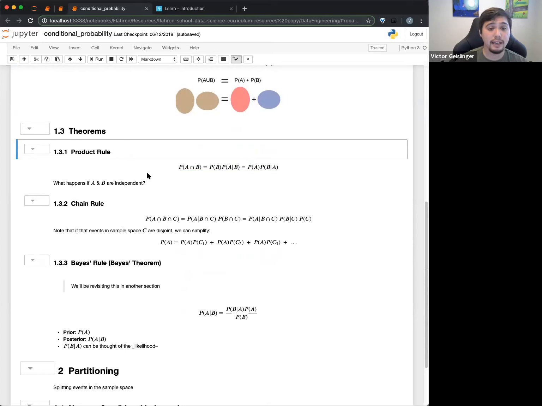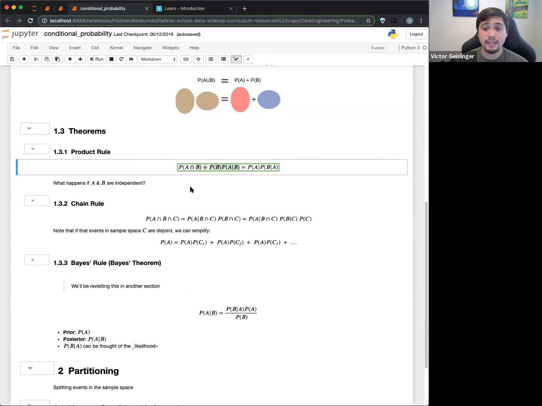But basically, the product rule allows us to combine probability spaces together. And this is that the probability of A intersect B is equal to the probability of B times the probability of A given B. This is true in general.